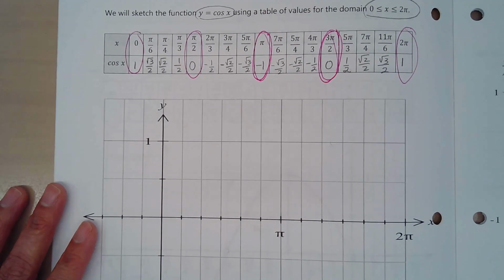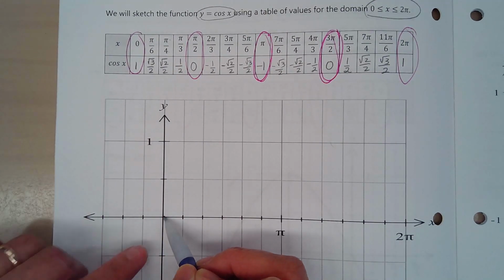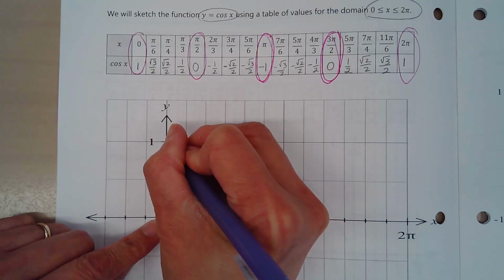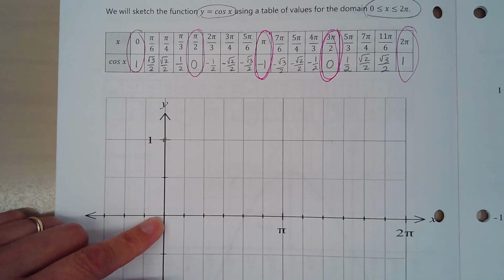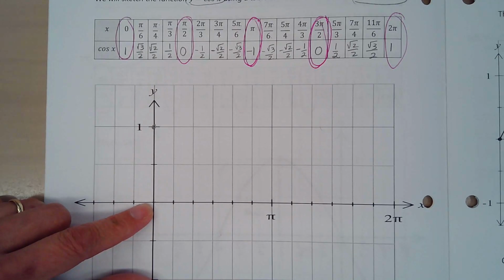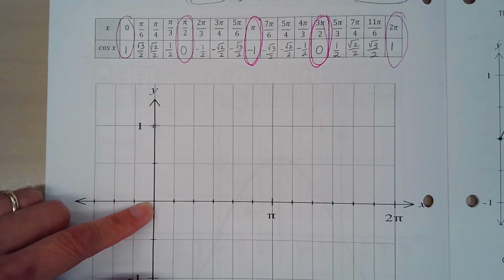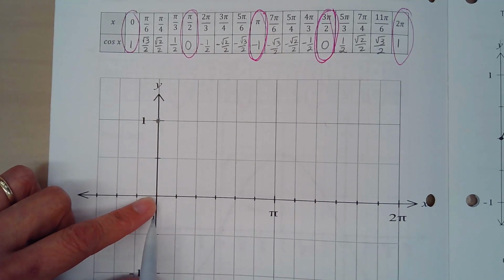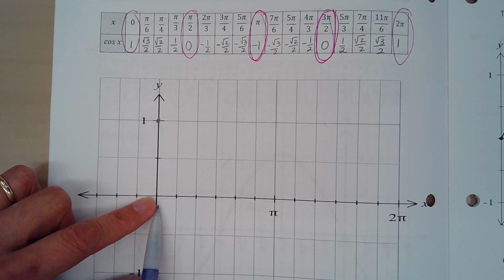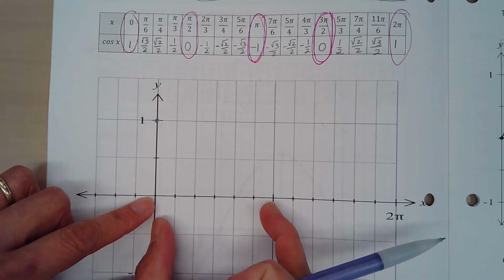So if x is 0, cos of 0 is 1. So right up there. Where is pi half? In the middle of? Between 0 and pi, right?